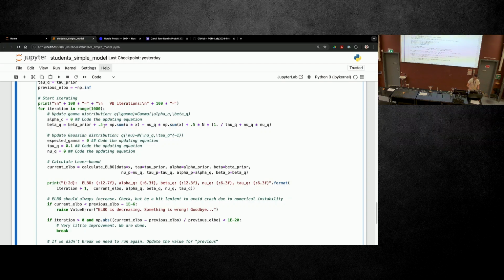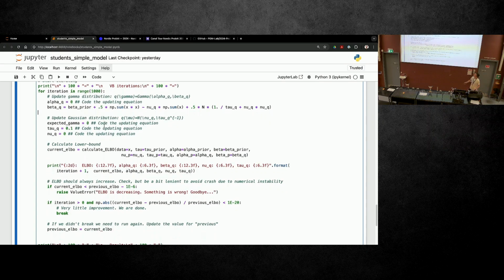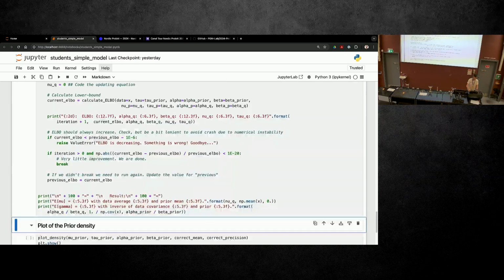And when you've done that, then we are iterating, we are doing 1,000 steps, and we are keeping track of the ELBO, and also printing out a bit of debugging information here. For instance, the ELBO should always increase. So you can again use this to debug your code and your derivations.